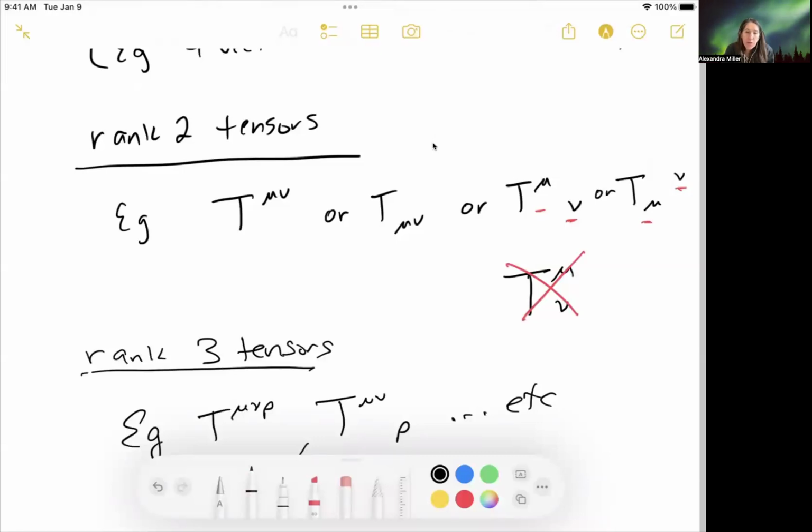One thing I want to say, rank 2 tensors we can often write as matrices. Generally, but this is a convention, the first index, which is the one to the left, is going to be the row, and the second one is going to be the column if you write it as a matrix.